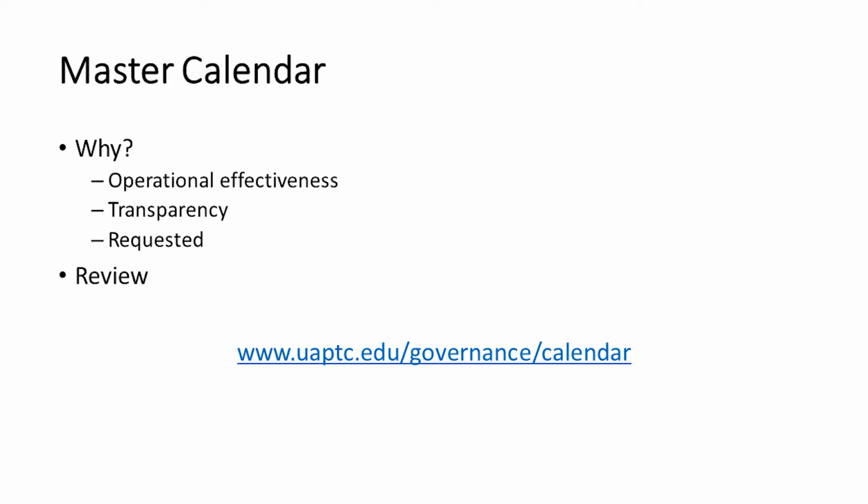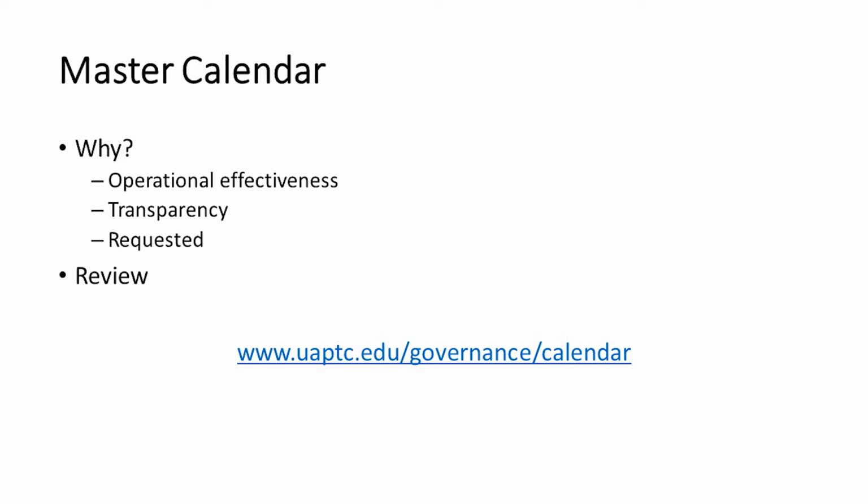Good afternoon. I'm excited to share with you all some of the projects that the Institutional Effectiveness Office has been working on over the summer. The first project is the master calendar. For those of you who may have your smartphones or a tablet with you, you're welcome to go to this link and look at this information as I'm going over it.